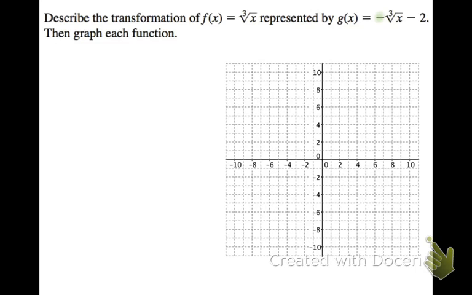Vertical would flip it over the x-axis. So we have a reflection over the x-axis, and we have a vertical translation down 2.